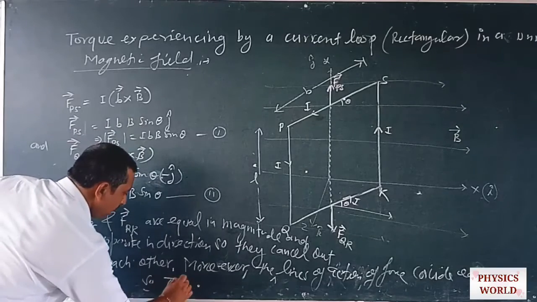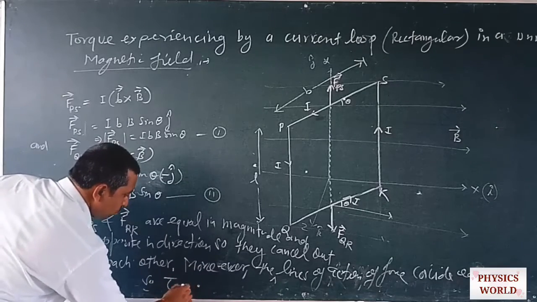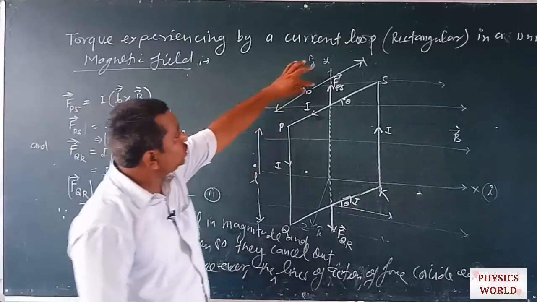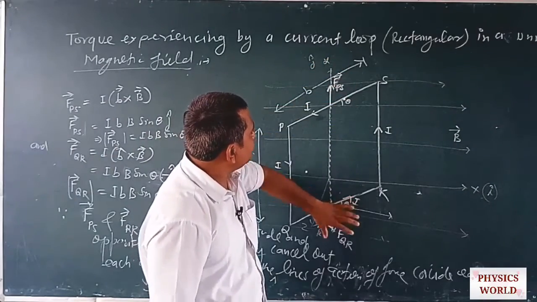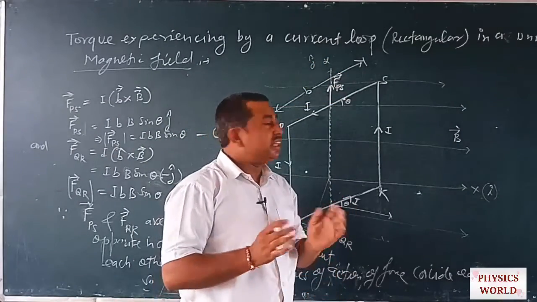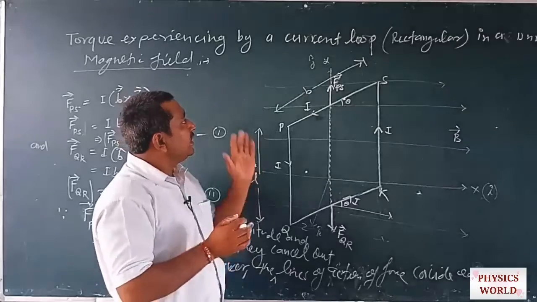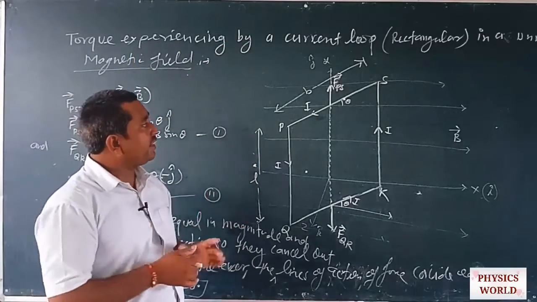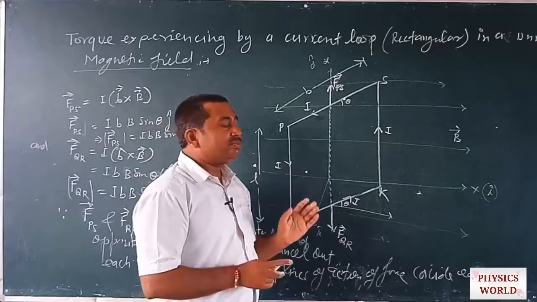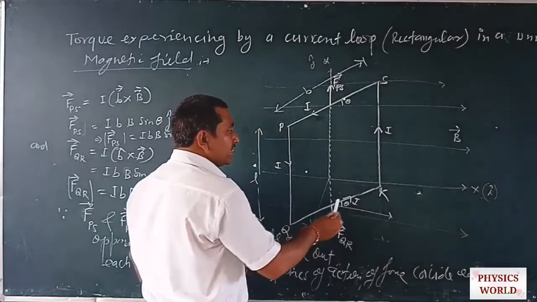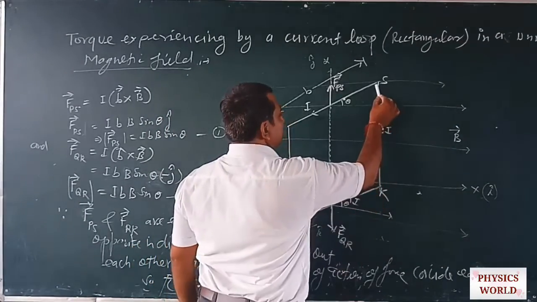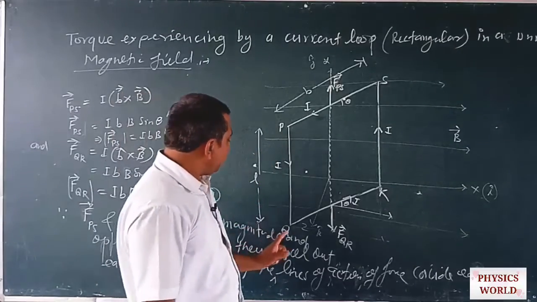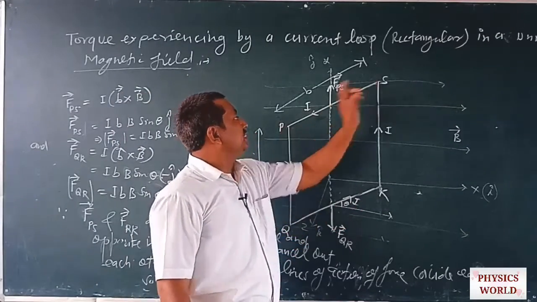So tau due to these two forces is equal to 0. It means these two forces contribute no torque. It means the torque experienced by a current loop in a uniform magnetic field is provided only by the current flowing in these lines, that is RS and PQ, but not by QR and PS.